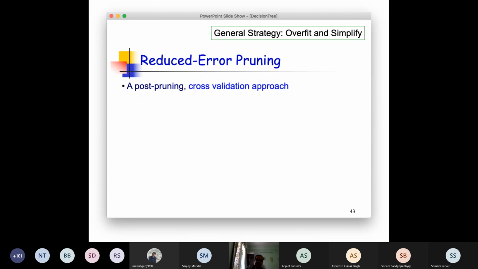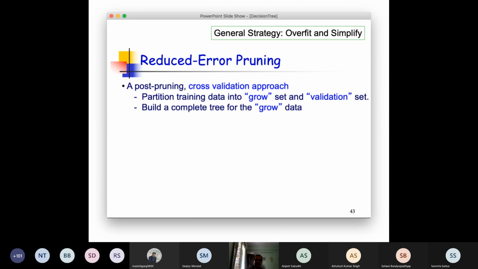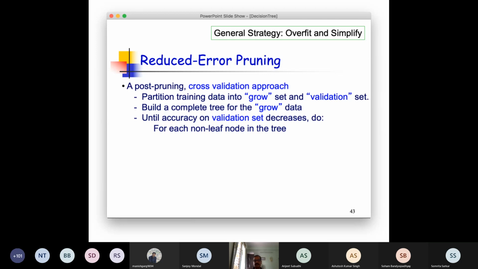Usually cross-validation is easier to understand and implement, so I will be just considering this. The partitioning, as I mentioned: partition the training data into a grow set and a validation set, and build a complete tree for the grow data, until accuracy on the validation set decreases, which means error increases at that point.